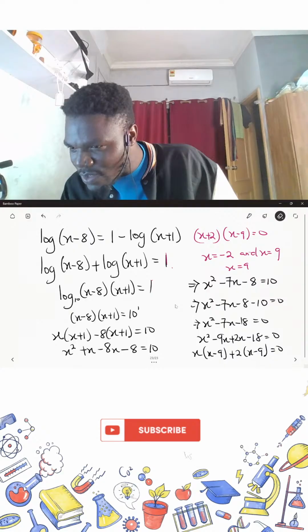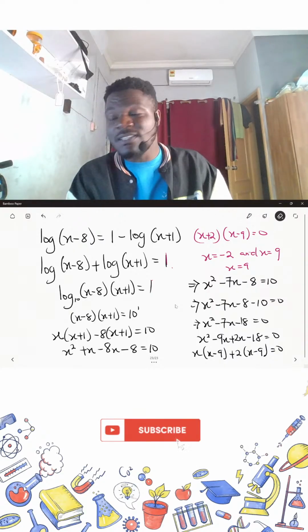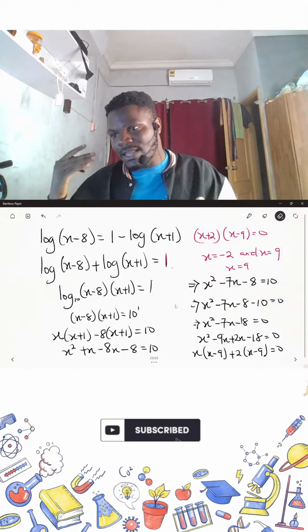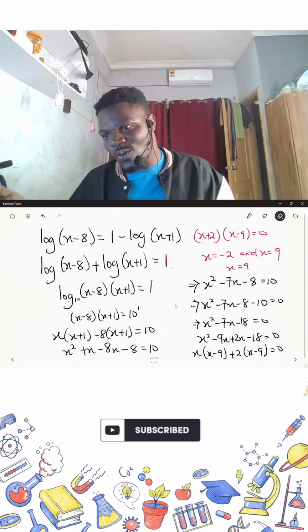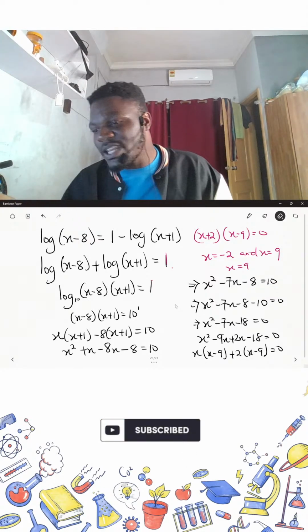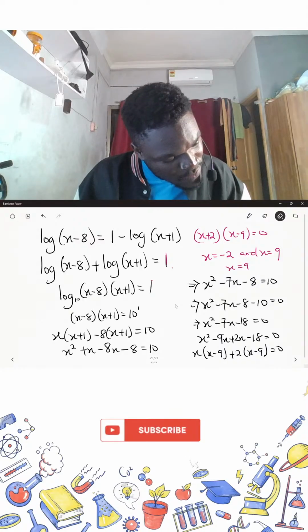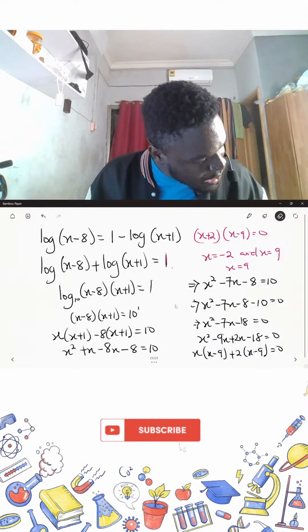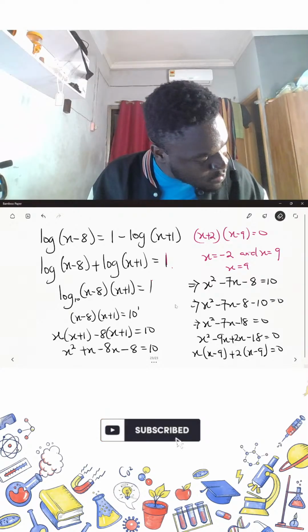The suitable value is 9. Yeah, so if this is an objective question in an exam, you can just use your calculator, quick, and then you go. But in this case, we are solving it as if it was a subjective question. Are we okay? Now let's proceed to look at the last question.